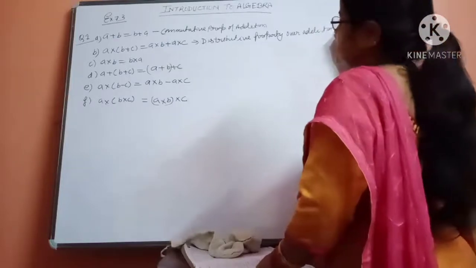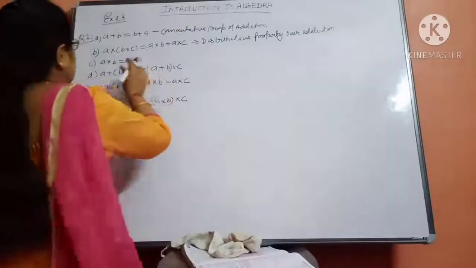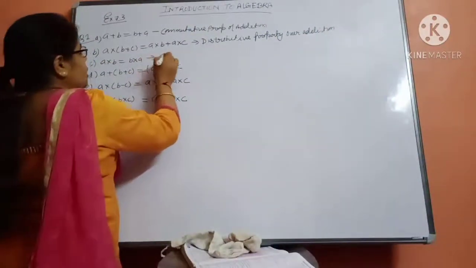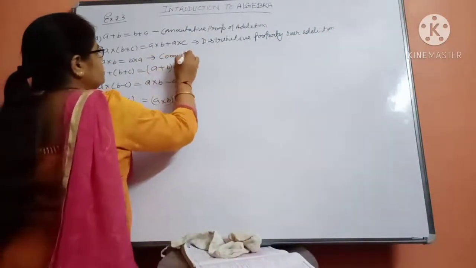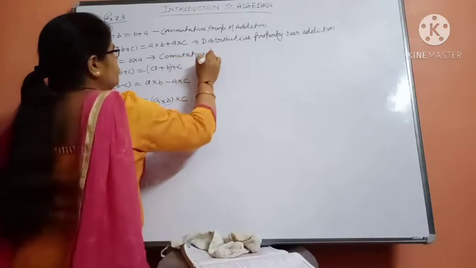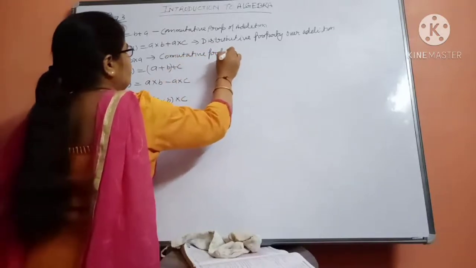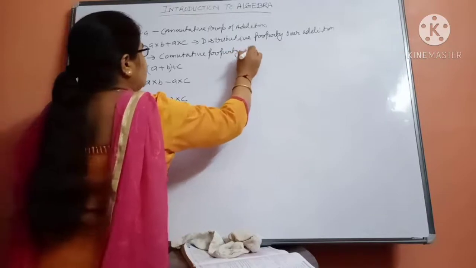Okay. Second is part C, a into b is equal to b into a. This is the commutative property of multiplication.